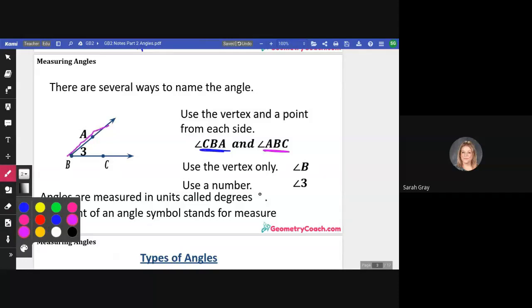Again, that's traceable, A to B to C. But you will not find a correct as BAC, because if you trace that way, you don't actually get the angle that you were looking for. So make sure it's traceable.